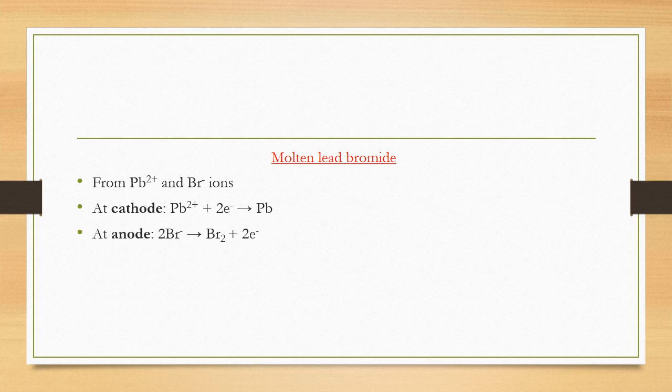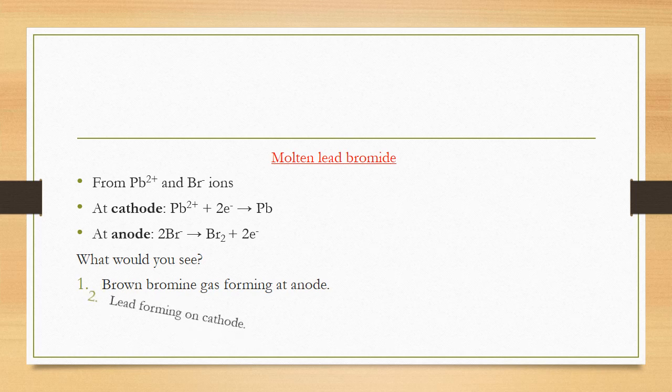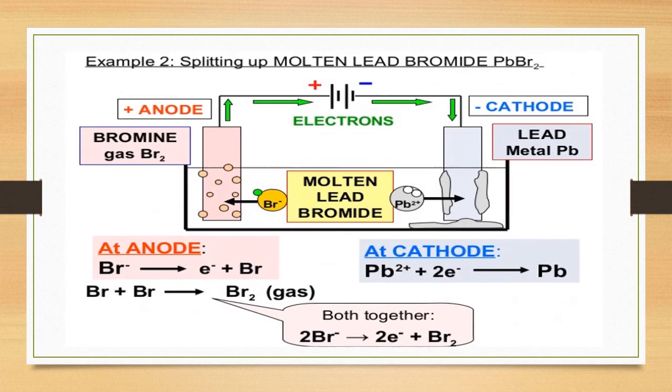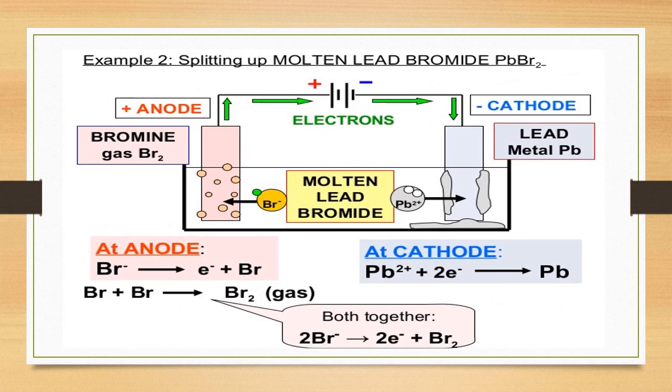It's being oxidized. So this explains why you see brown bromine gas forming at the anode and lead forming at the cathode. And that's the full equation there in terms of what's happening.